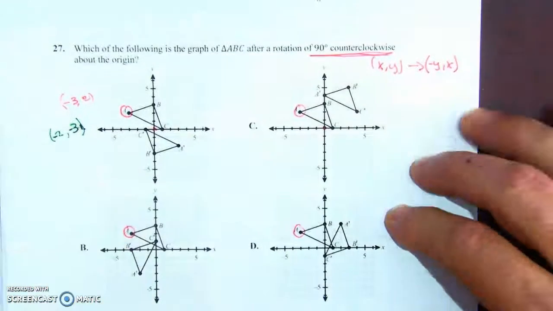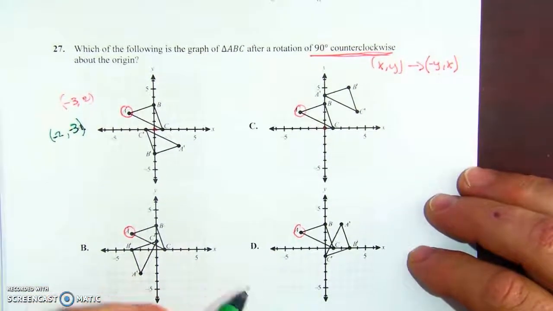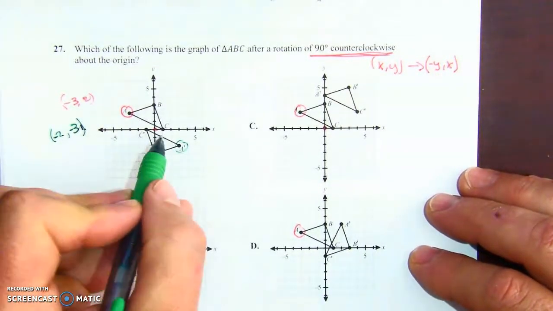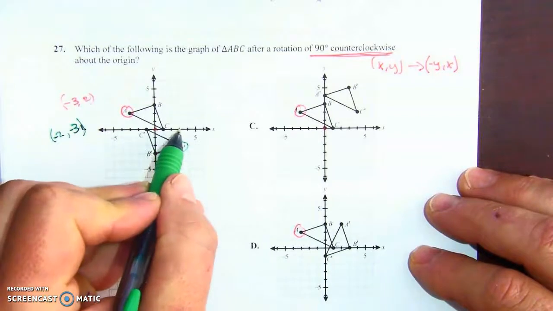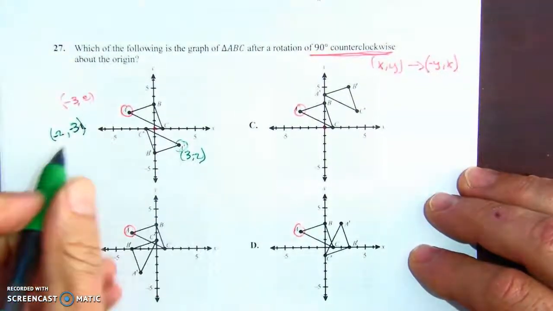So it's going to be negative 2 and negative 3, which stays the same in that scenario. If we look to see where that would lie, we check out our A here, which would be 1, 2, 3, and down. So this is 3 comma negative 2.